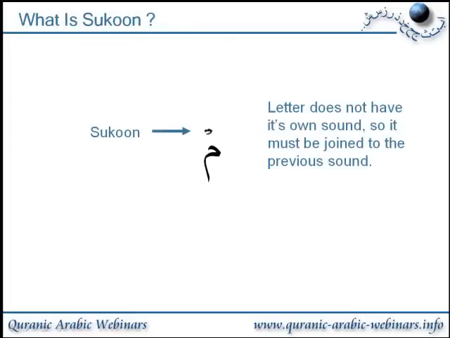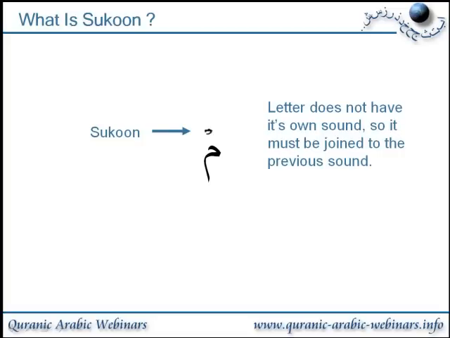Okay, so in Arabic, if you have a letter with this symbol on it, which looks almost like a full round circle, this little symbol is known as sukoon, and it indicates that the letter has no sound of its own.